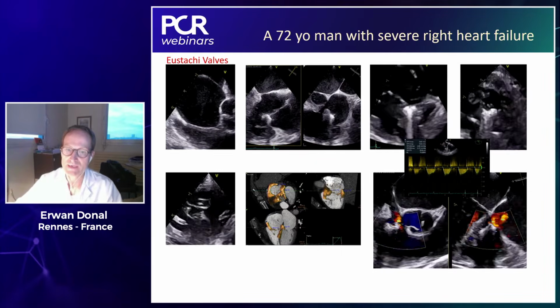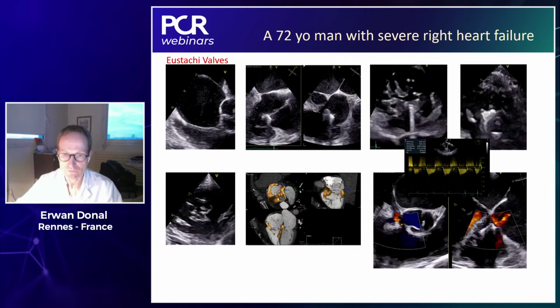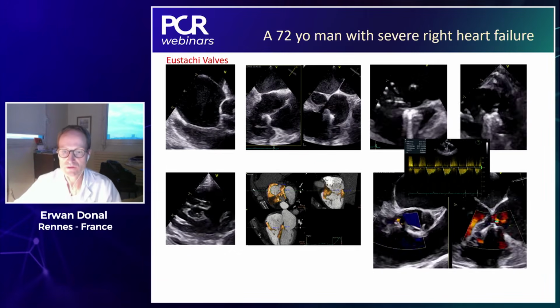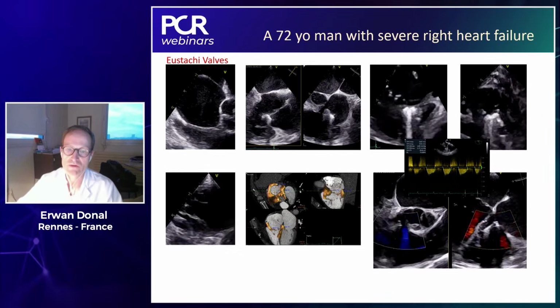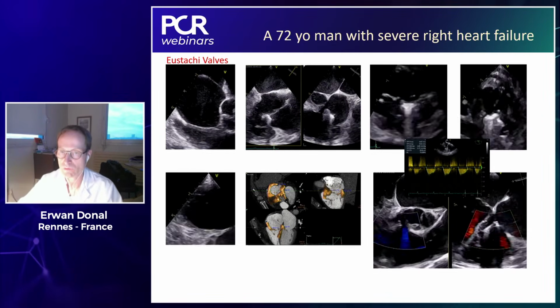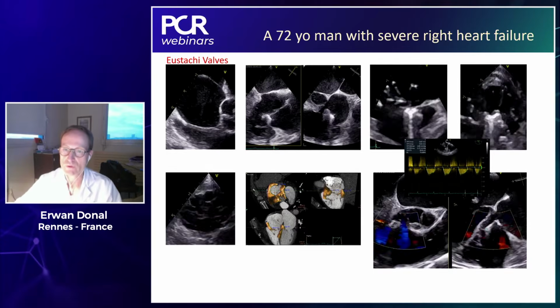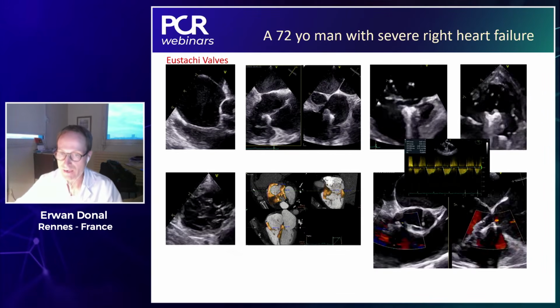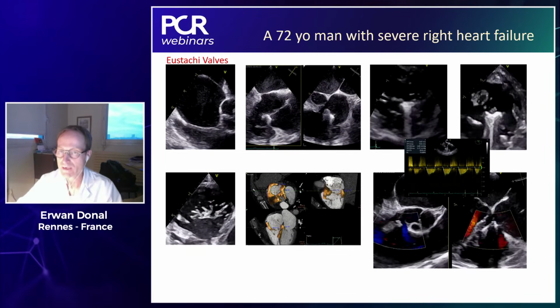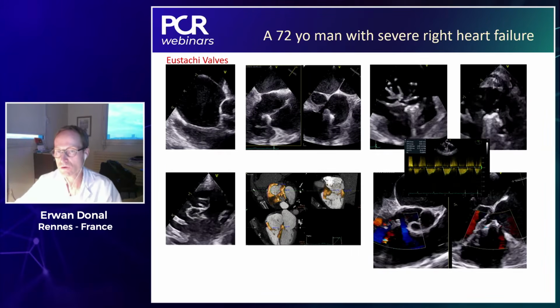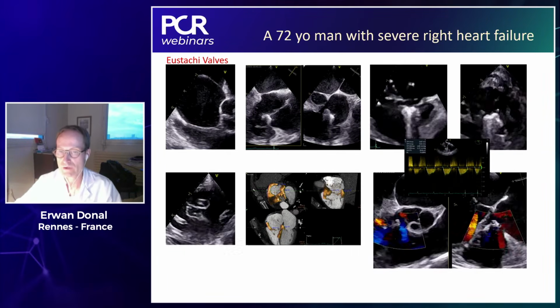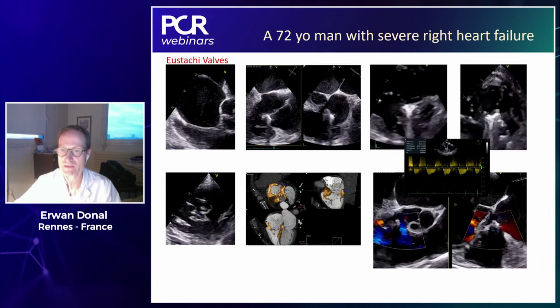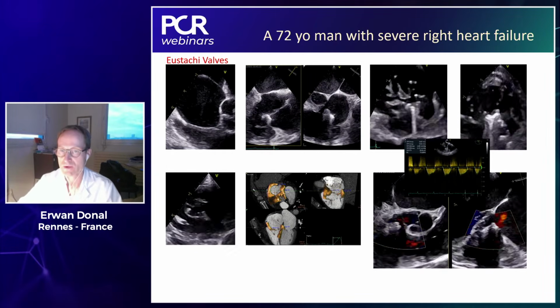In the present case, we used the CT fusion also to make sure that we understand perfectly the size of the annulus, and I will discuss that furthermore. And in the present case, we were able to implant 3 clips, and thanks to 3 clips, there was almost no tricuspid regurg after the implantation, and the gradient across the valve was very low.